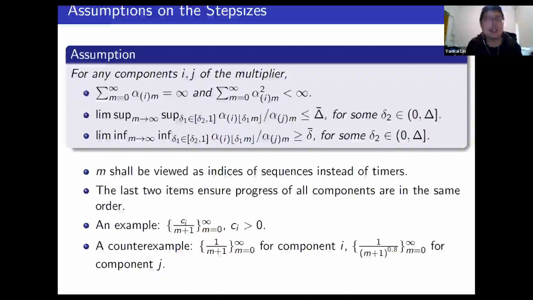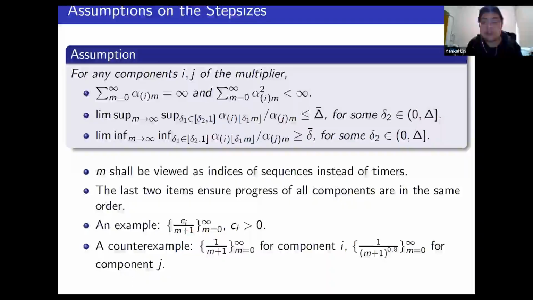And here is a bad example, and that's something we want to prevent. Let's say you have 2 components, i and j, and component i decides to use this very well-known step size, 1/(m+1). So that's 1, 1/2, 1/3, etc. And someone else wants to use, let's say, larger step sizes, so they use 1/(m+1) to the power of 0.8.